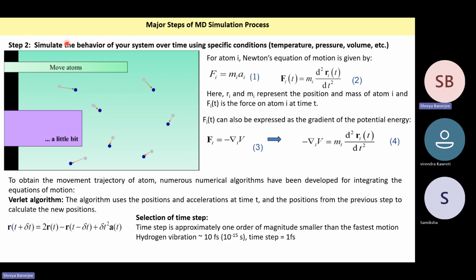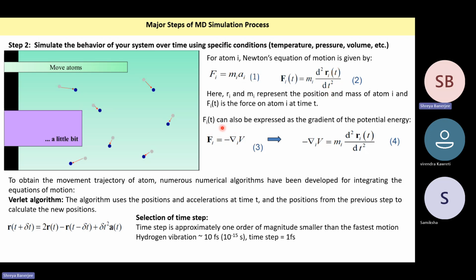Then the behavior of the system is simulated using different conditions. So we use Newton's laws of motion. Every atom will have a force acting on it given by mass times acceleration. And acceleration can be written as the double differentiation of the position with respect to time.